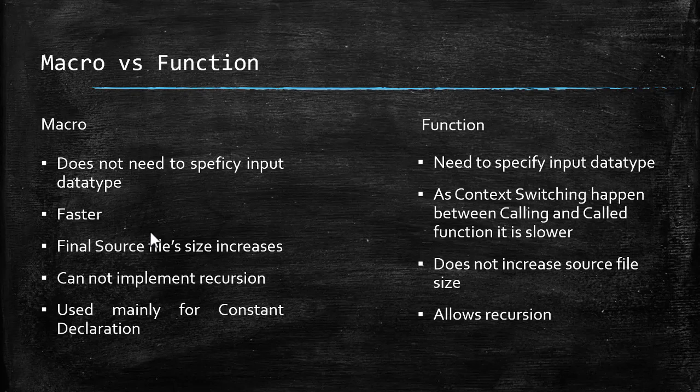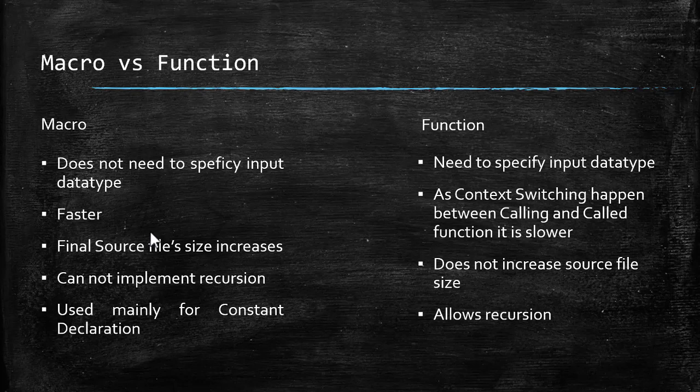So when the preprocessor works on your code, it will replace that 100 line expansion at 100 positions. So it will increase your code by 10,000 lines. Now, as it is creating a huge file, your source file size will obviously increase. That is why we do not replace all the functions with a macro, though macro is faster.